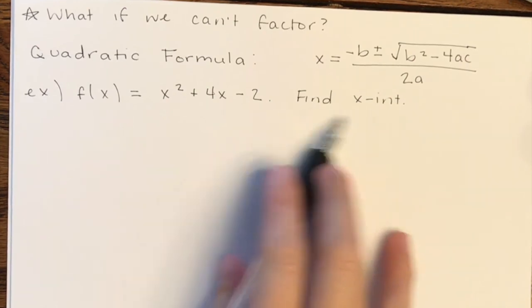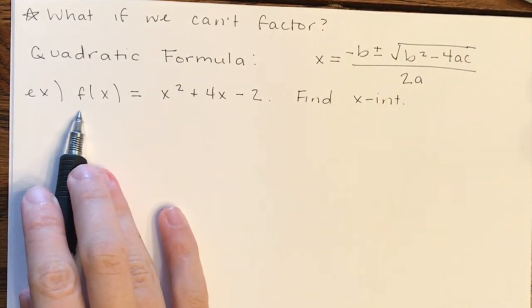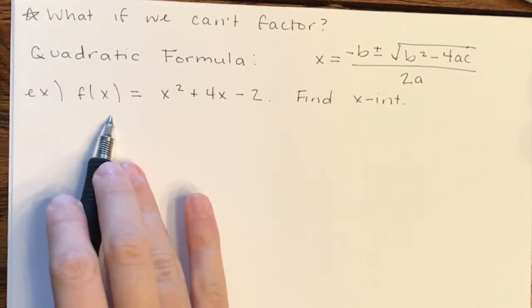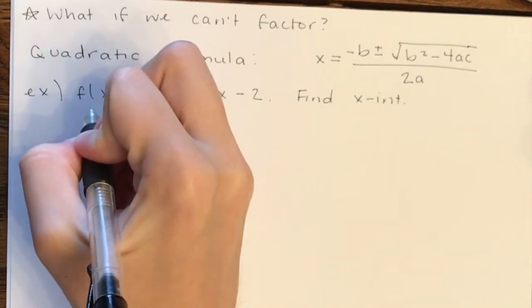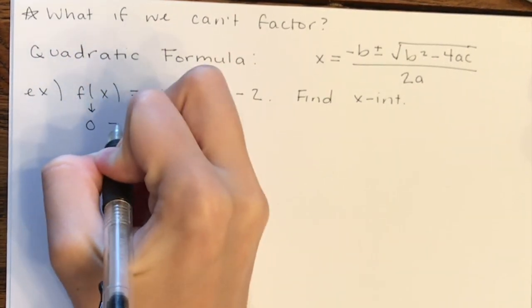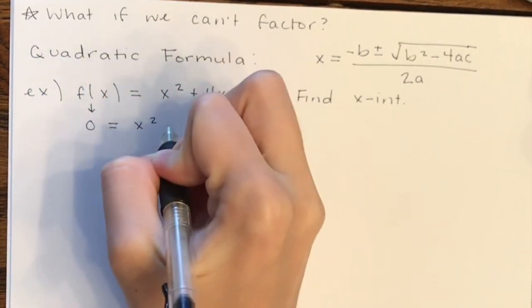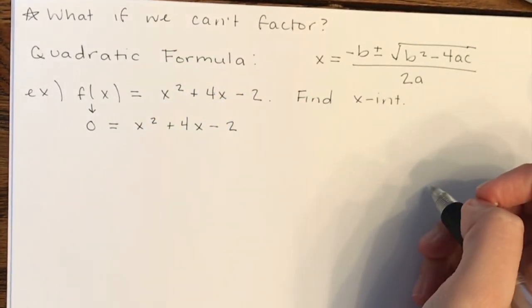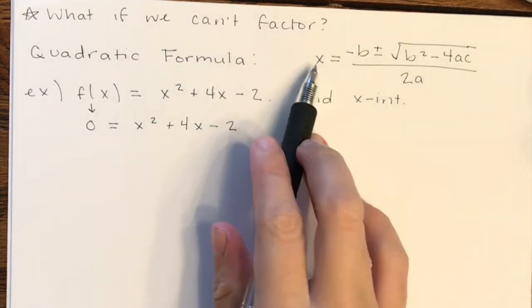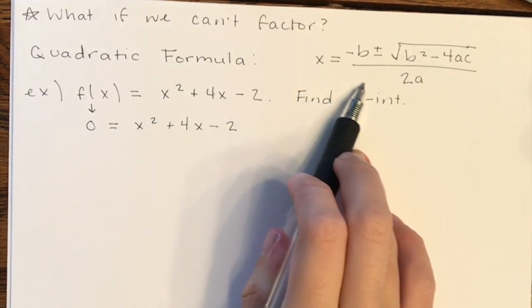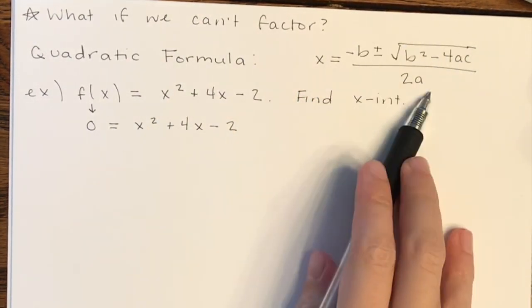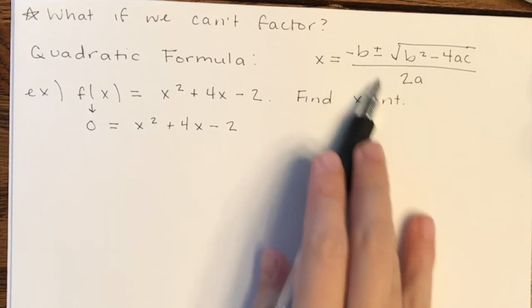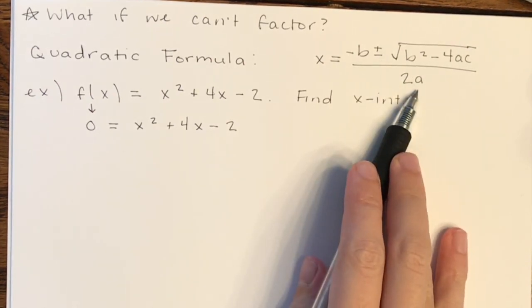To find the x-intercepts, we're looking for where f of x equals 0. So if we want this to be 0, we're looking for this, right? The quadratic formula is going to give us the x-intercepts. It's going to give us the roots of the function.